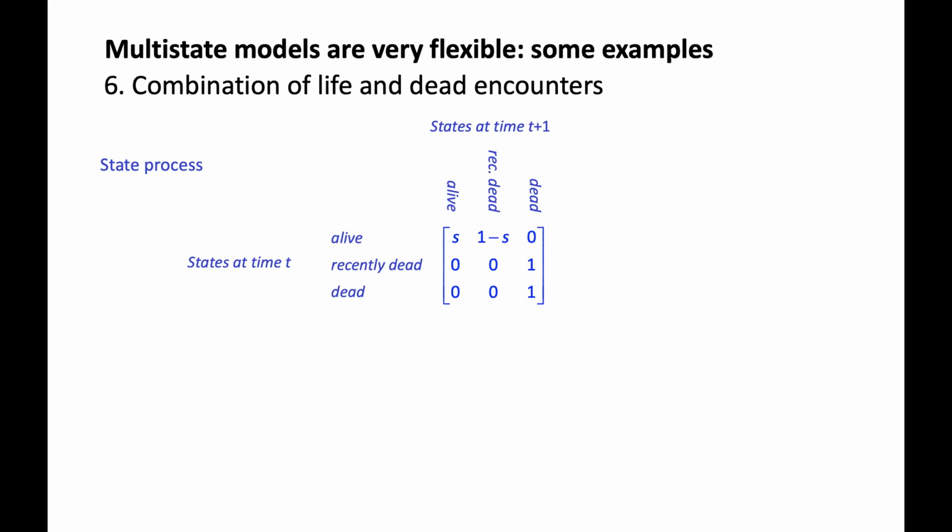As I said this morning, in terms of the state process, the ecological process, the survival process, it's the same whether you're alive or dead. You just are alive or you just died, and then you're dead for good. What you have to focus on is a state alive and a state dead. If you're alive, the probability that you're still alive at the next occasion is the survival probability, phi.